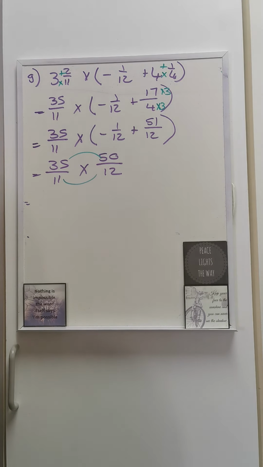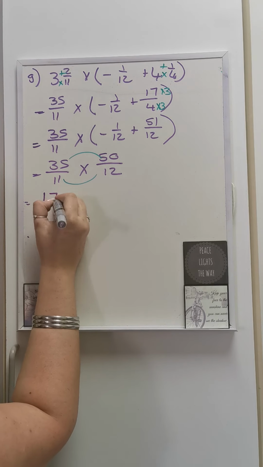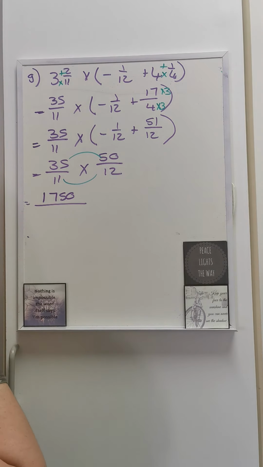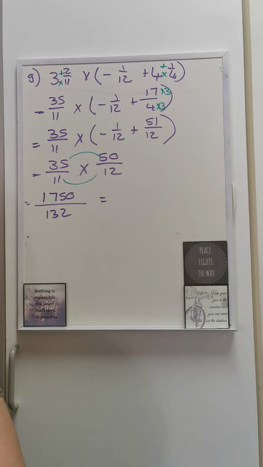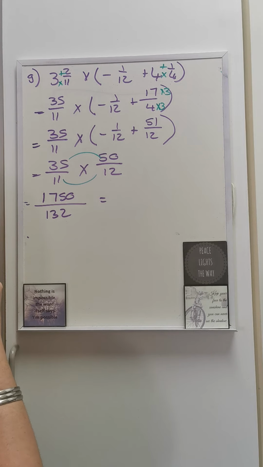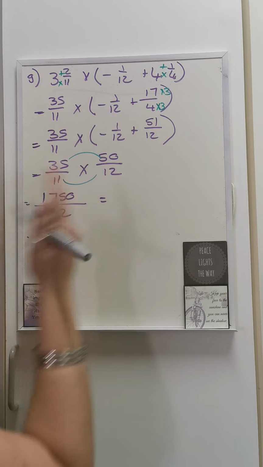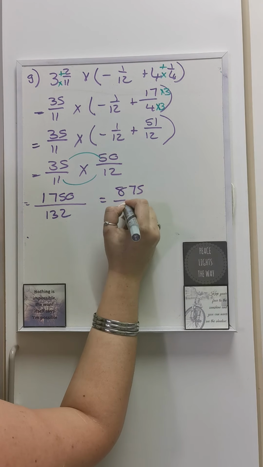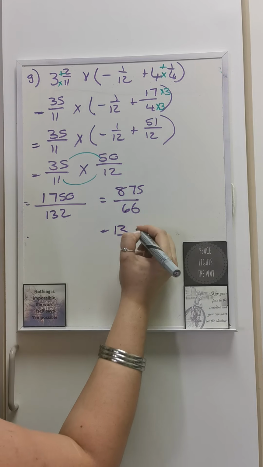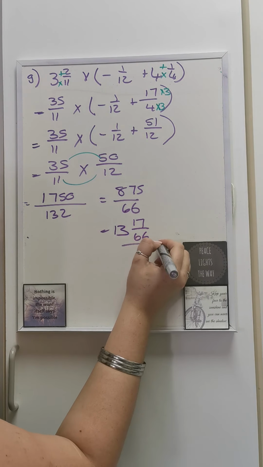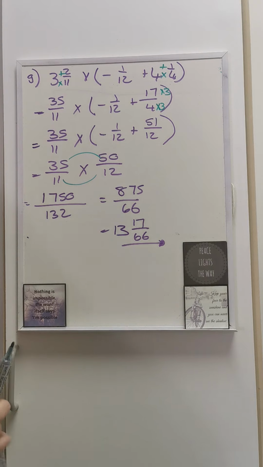So 35 times 50 gives me 1,750 over 132, which gives me 875 over 66, which gives me 13 and 17 over 66. Okay, there's number G.